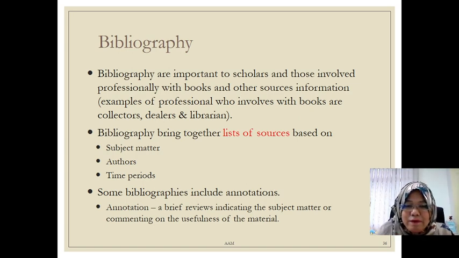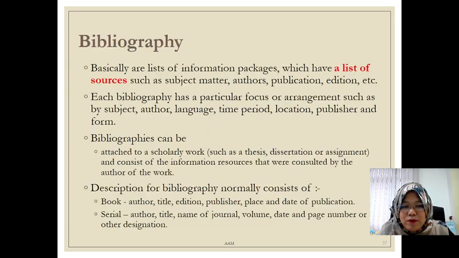Bibliography brings together lists of sources based on subject matter, author, and also time period. Some bibliographies include annotation. Annotation is a brief review indicating the subject matter or commenting on the usefulness of the material. This is how experts review literature materials. So a bibliography is basically a list of information packages with a list of sources, such as subject matter, author, publication, edition, and so on.